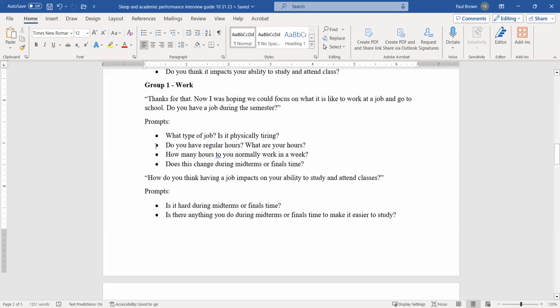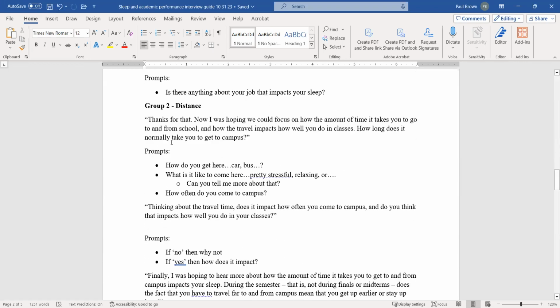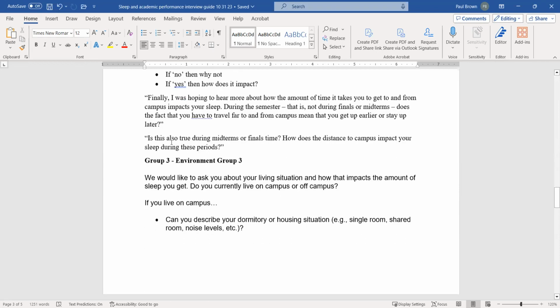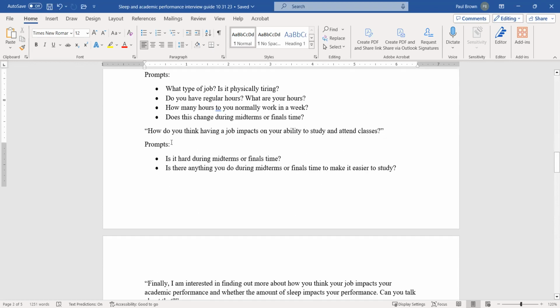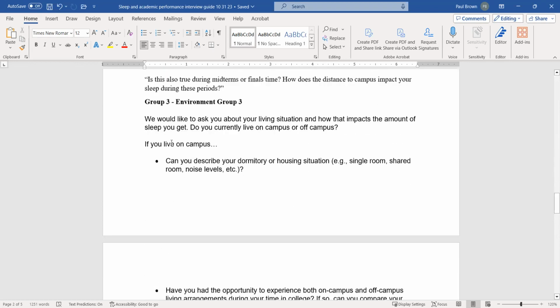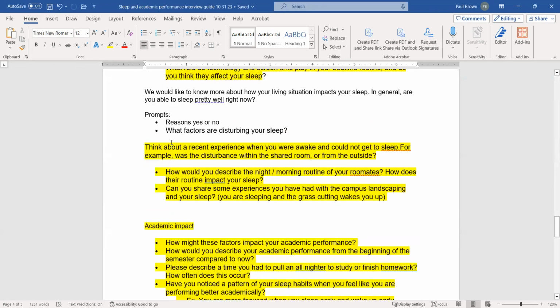I've put these things in some type of order like that, and I did it for the work and the distance ones. For the environment one, I thought we might have a little chat about this, just to make sure the questions are getting at what you want to get at.